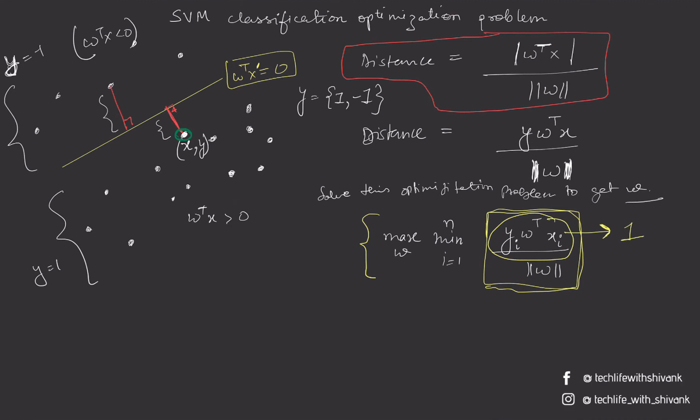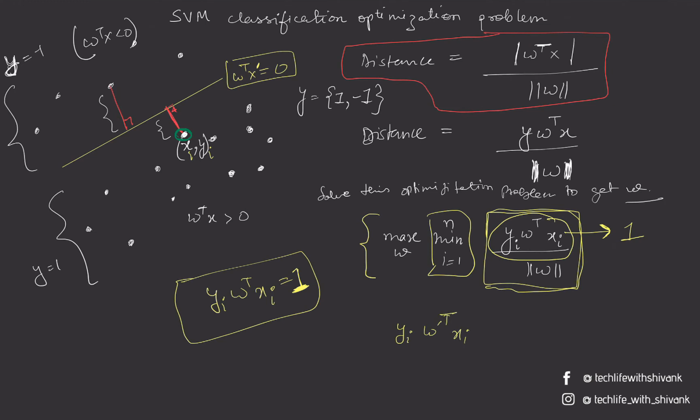So basically what I'm trying to say is, for this point which is closest to the boundary, let's say this point is xi, the value of yi into w transpose xi is 1, and we'll find one such w. And we can always find one such w because let's say the original solution of w was w dash, and yi w dash transpose xi was not equal to 1.